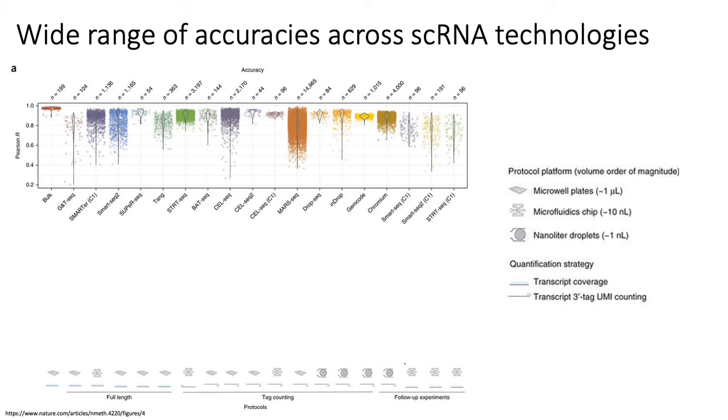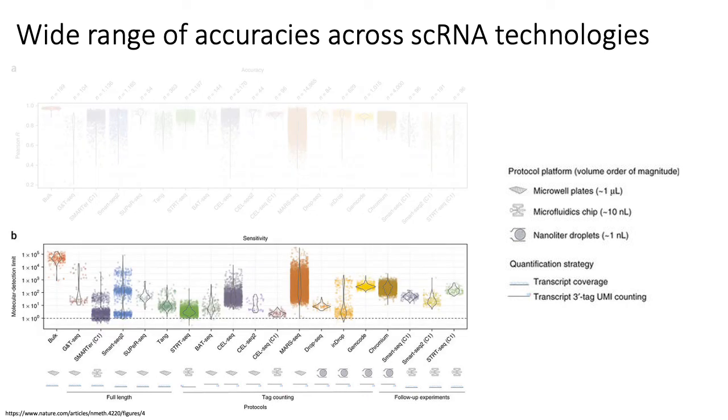For example, for some technologies like MARS-seq, you can see wide variation in the correlation between the abundance estimates and the actual known concentrations. You can also see that bulk RNA sequencing methods, generally speaking, give you a relatively high accuracy per profile estimated in comparison to a lot of the single-cell methods, which show a lot of variability.